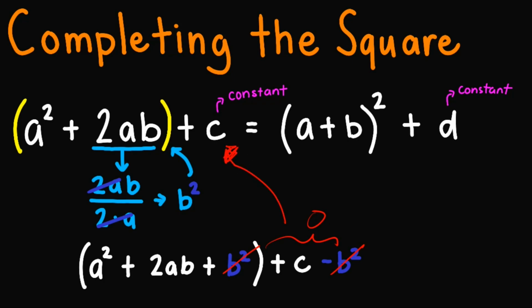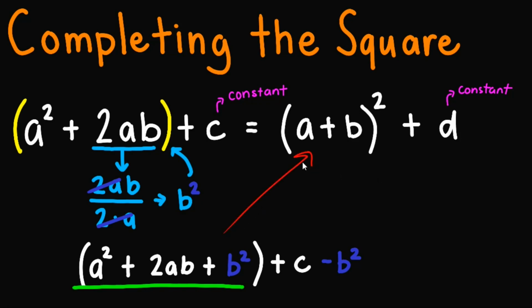Now take note that this expression is actually already equal to this one, since a squared plus 2ab plus b squared, a perfect square trinomial, factors into this one. Technically we just take the square root of the first term and the last term and copy this sign to get this and put the square. So we applied the perfect square trinomial.